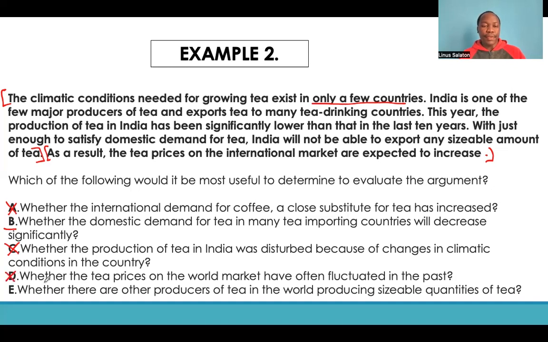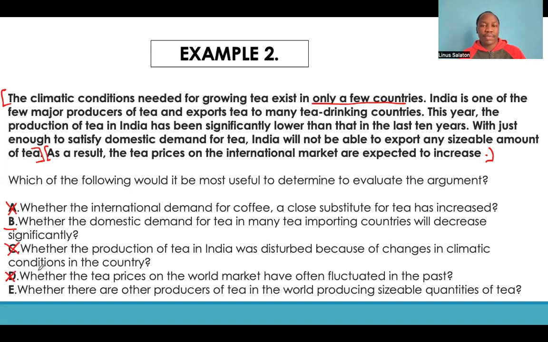E says whether the other producers of tea in the world are producing sizable quantities of tea. Already there are only a few countries producing tea, India being among them. So already we know this is a small group of countries producing tea, and we are not being told about how others produce tea in their respective countries.